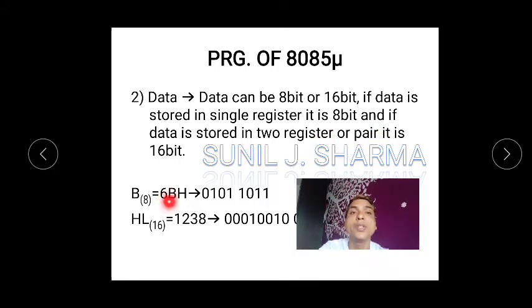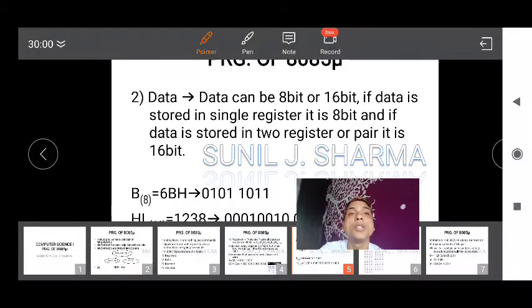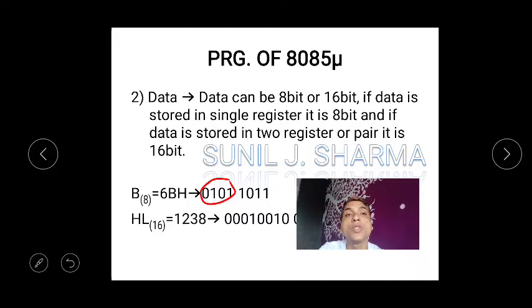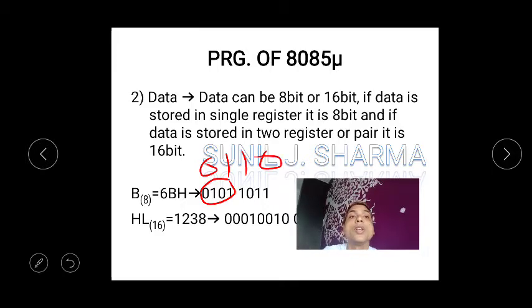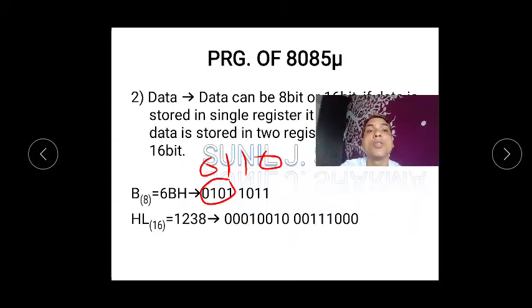For example, this is the data in this case. For example, 6B. So 6 can be written like this. I think this is wrong. This has to be 0110, this is 6 in binary, and this is B. Now in the same way I have written it like this also.